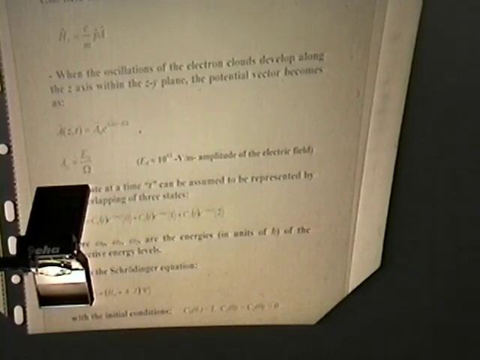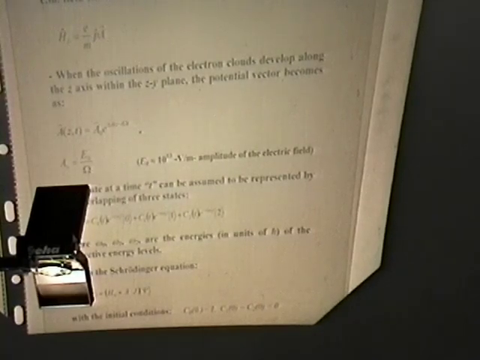So the wave function can be calculated as an overlapping of the three states I mentioned before, where omega 0, omega 1, omega 2 are the energy units, h times the frequency, of the respective energy levels.